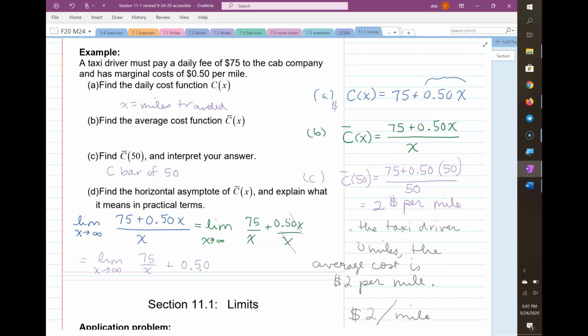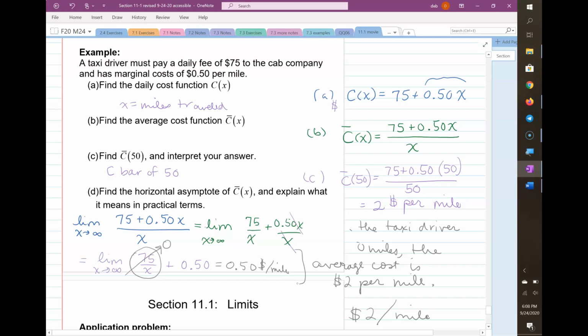Well, as x gets really, really large, when you divide 75 by that x, this ratio is heading towards 0. So as you drive more and more miles, your average cost gets closer and closer to 50 cents per mile, which makes sense, right?